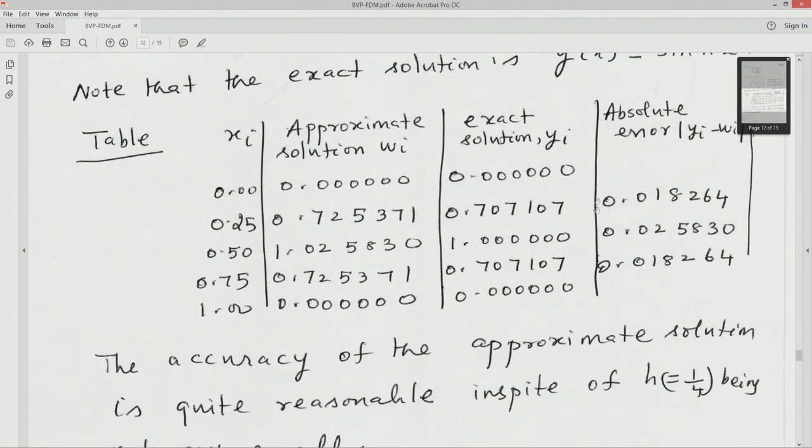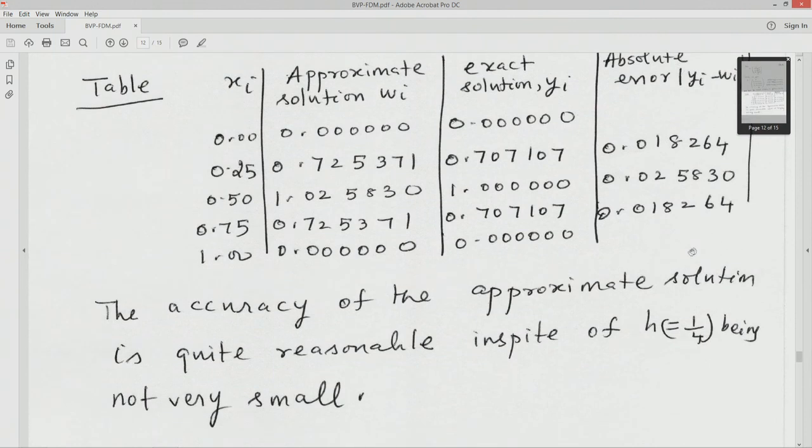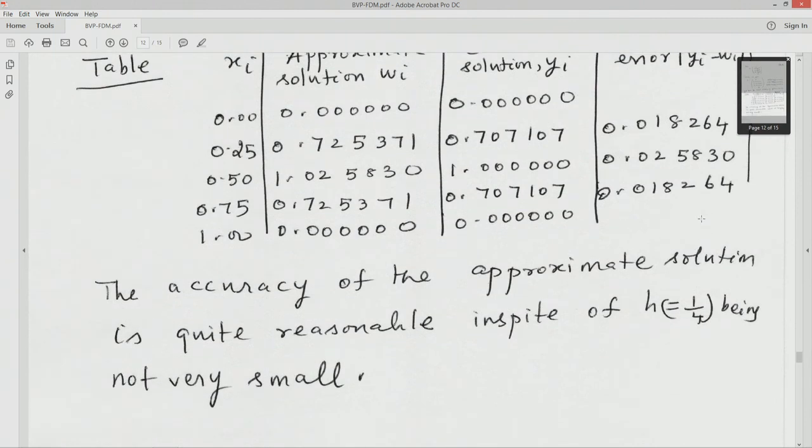And this column tells us that the accuracy of the approximate solution is quite reasonable in spite of the fact that the step size h, which is taken to be 1 by 4, is not very small. So, we know that this system possesses a unique solution for any value of h, because the conditions that we had stated earlier were satisfied, which are sufficient conditions, and we had taken h to be equal to 1 by 4, and we observe that our approximate solution is a reasonably accurate solution.